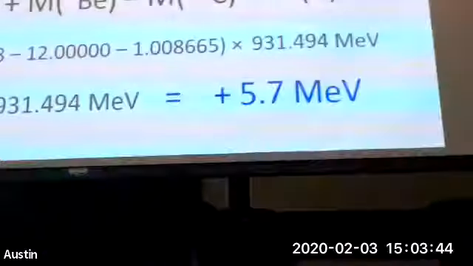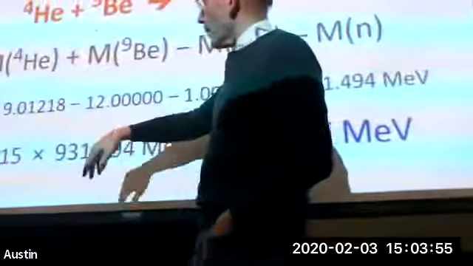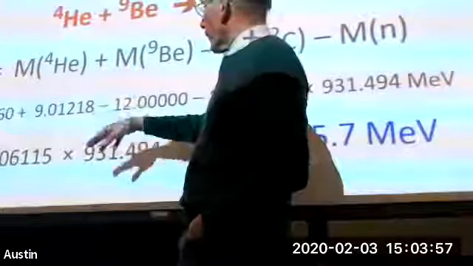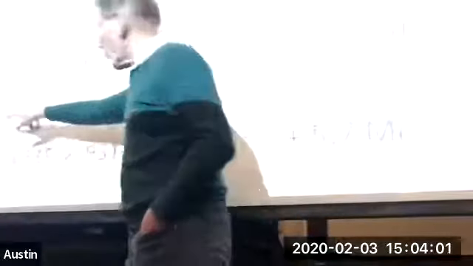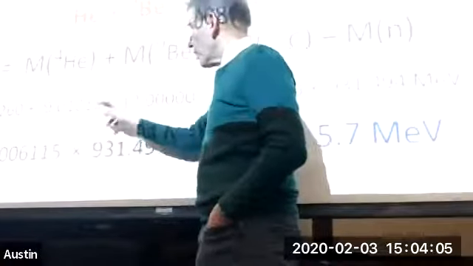Now, let's actually calculate roughly the energy of the neutrons coming out. So the mass of helium-4, actually this is done just in AMU, so it's 4.0026. Go to the table, 9.012.